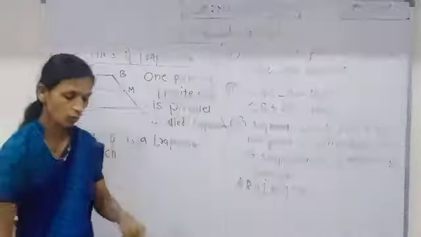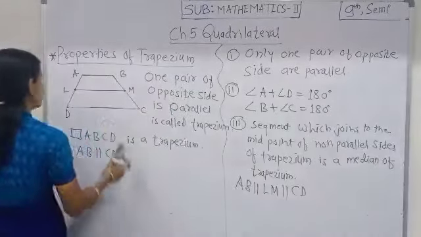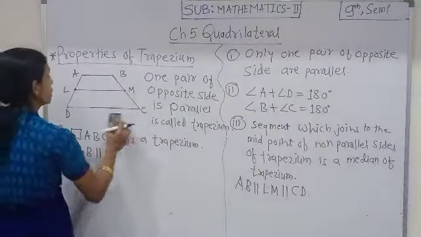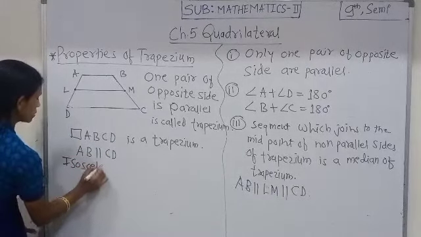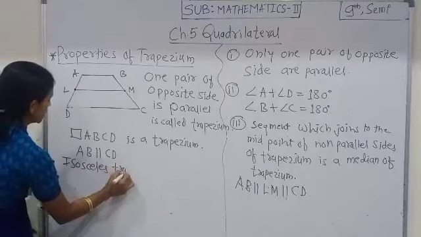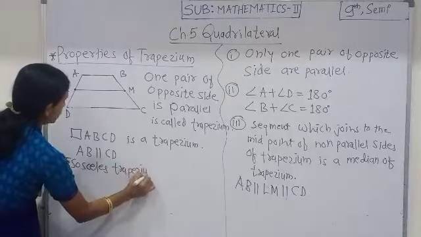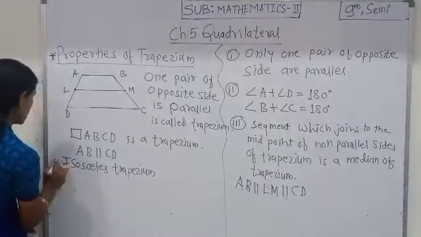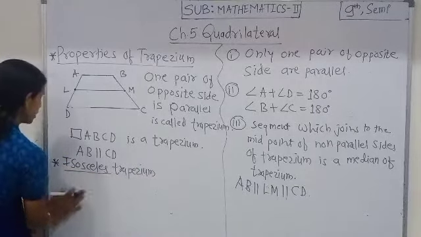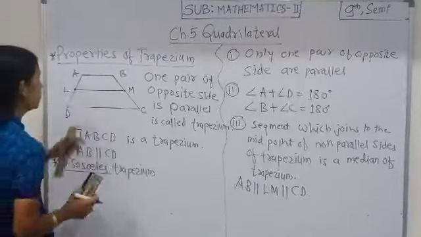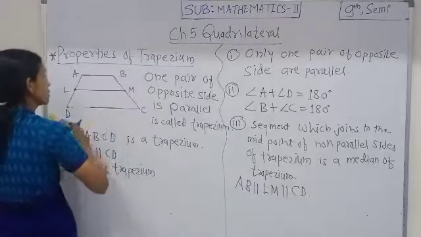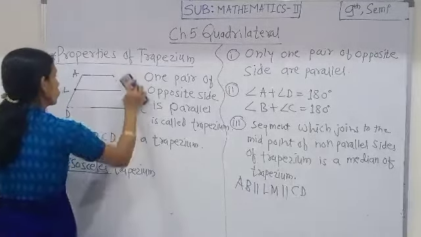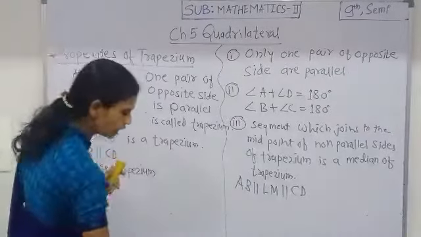Then one more property is related to the isosceles trapezium. Isosceles means a trapezium whose non-parallel sides are congruent.